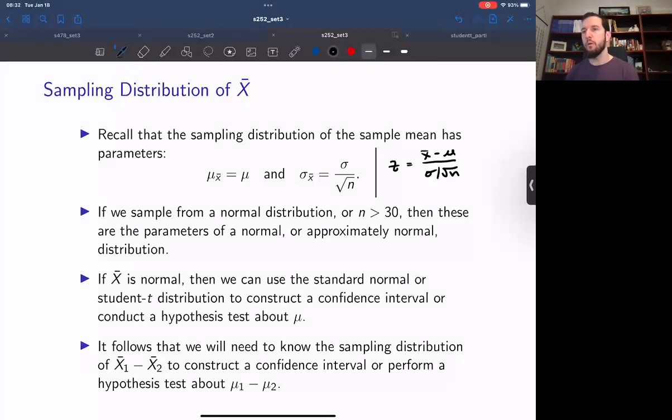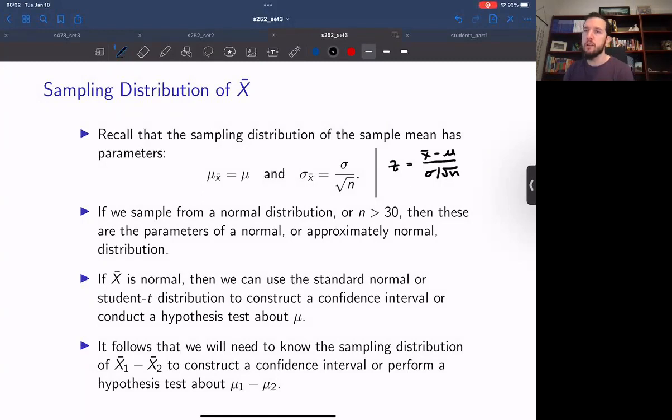All right. Now, we were also able to do certain things like say, if our sample size is large enough, the central limit theorem tells us that X bar is approximately normal. If X bar is normal, or if the population is normal, but we don't have sigma, then we can say that the test statistic follows a student T distribution.